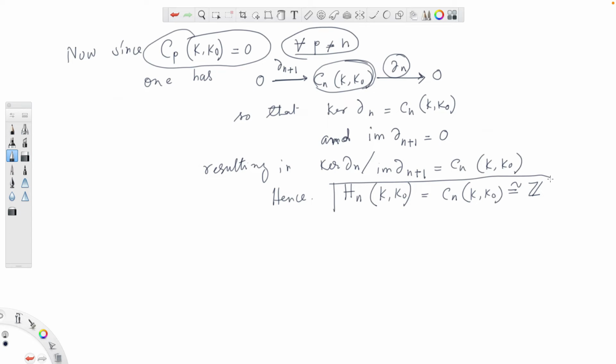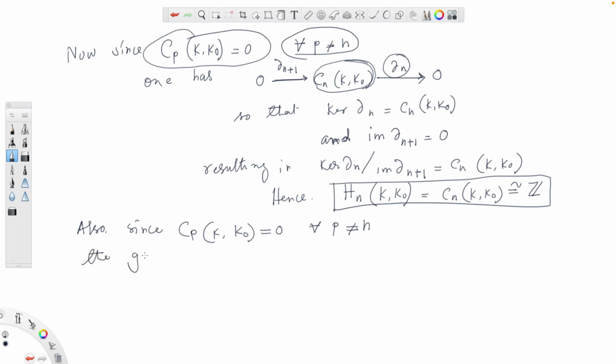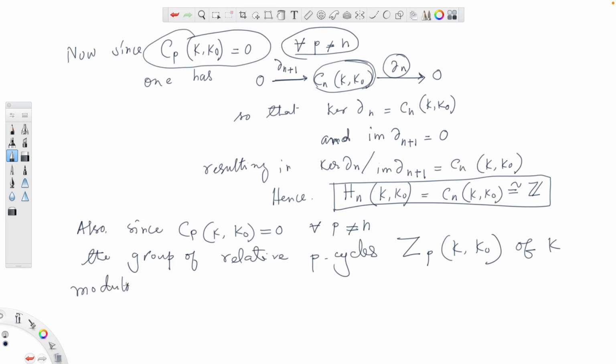Also, since Cp of K comma K0 is trivial for all p not equal to n, the group of relative p cycles Zp of K comma K0 of K modulo K0, being a subgroup of Cp of K comma K0, is also trivial, right?